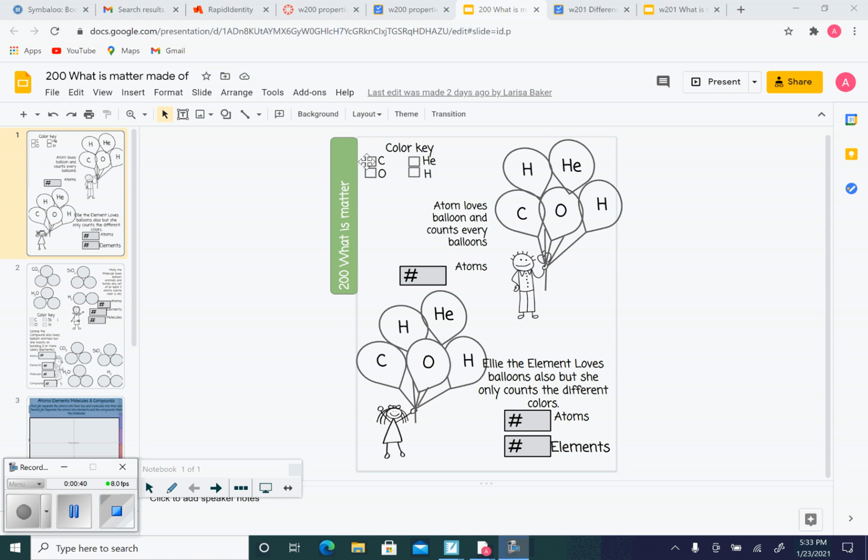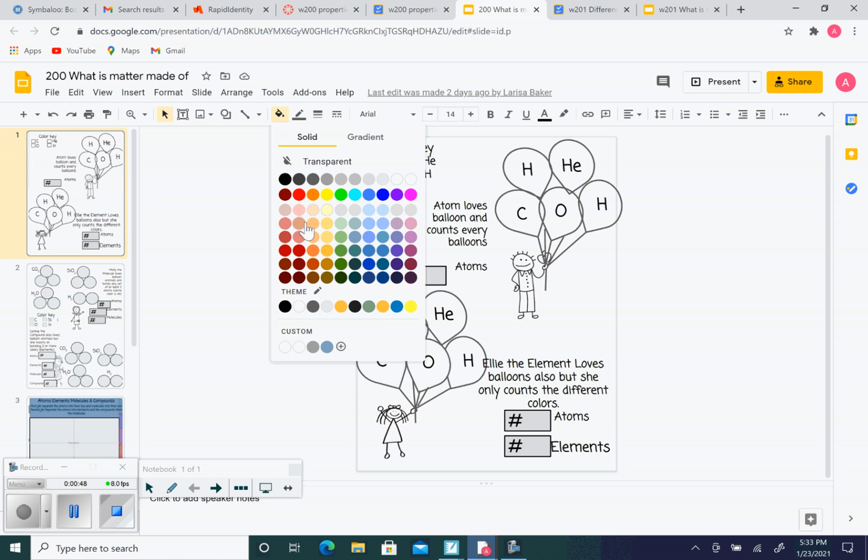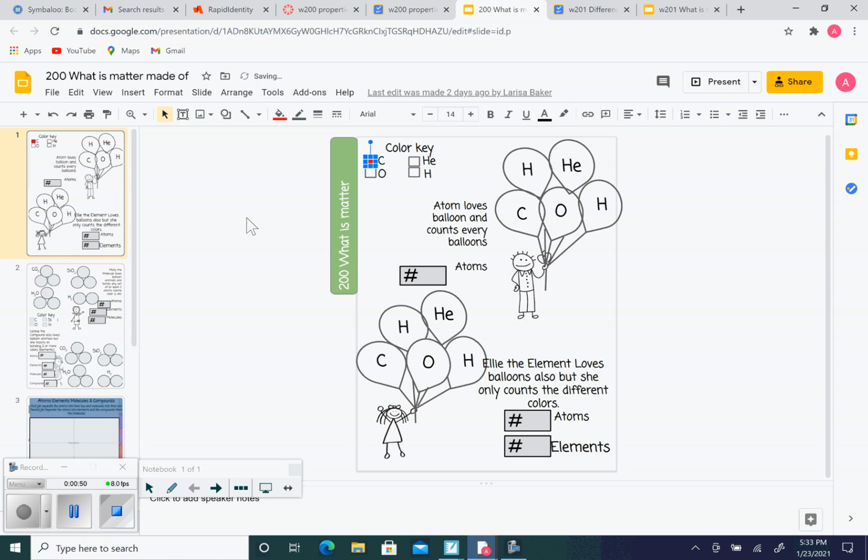this page. First of all, you need to do a color key. So you're going to click here, go to the paint bucket, and choose a color you want carbons to be. What we're going to do here is color the balloons. The elements should all be the same color.